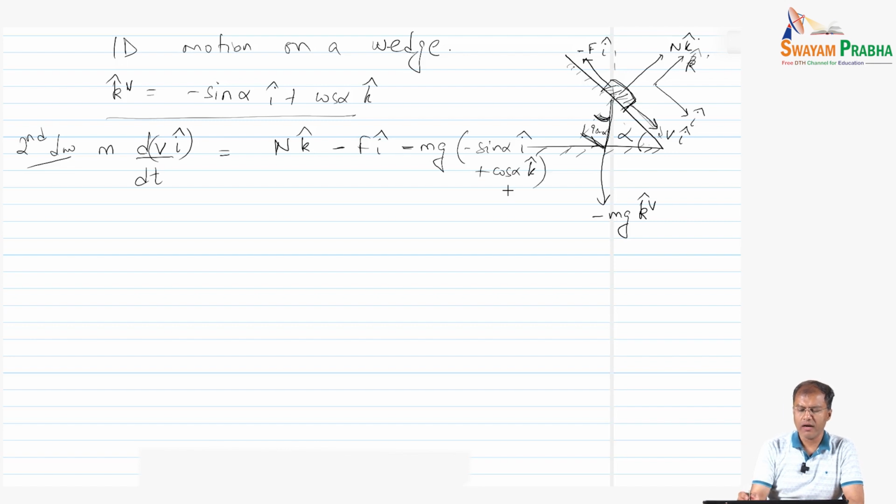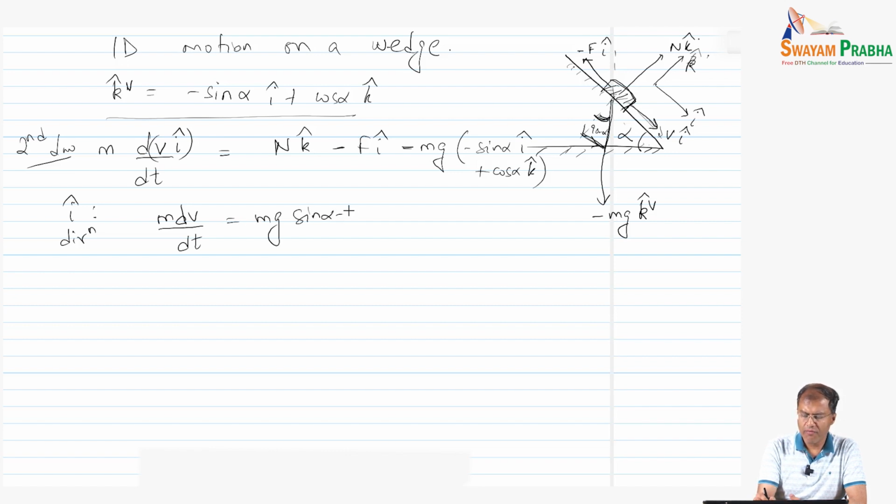Okay, so now we are ready to resolve the equation of motion. This is a vector force balance, and now we can write down the components to see that there are only two components. We see that along the i direction, m dv/dt is mg sine alpha minus f.